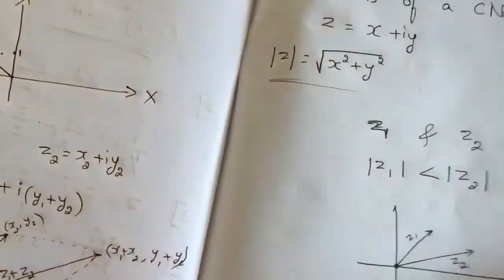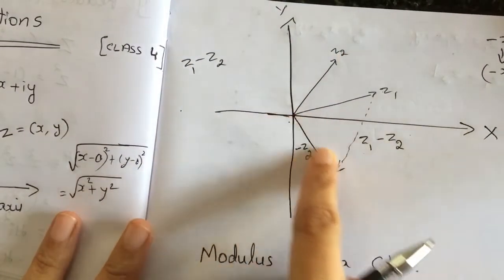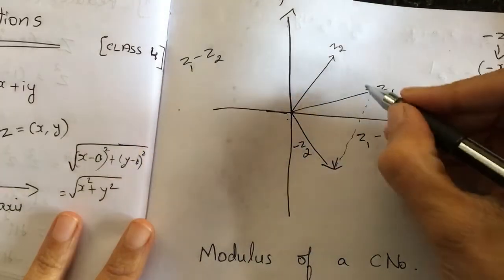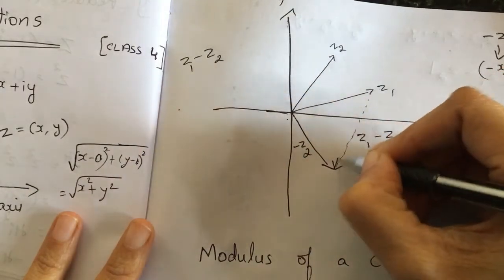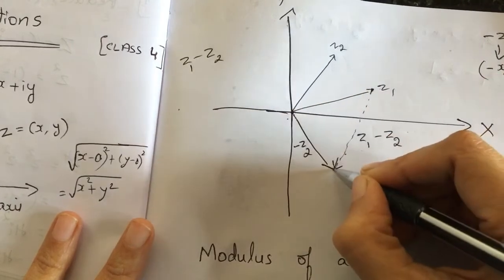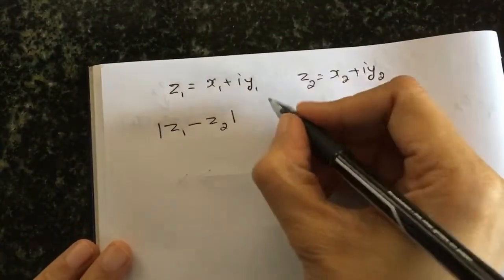I have explained: when z1 is like this and z2 is like this, z1 minus z2 is this, right? That gives me the modulus of this vector, which gives me the distance between these two points z1 and z2.